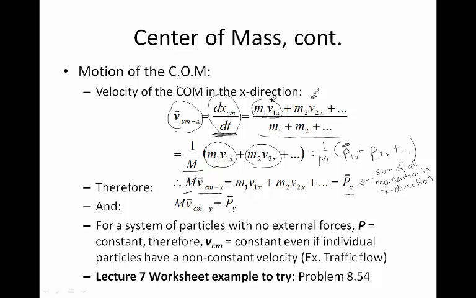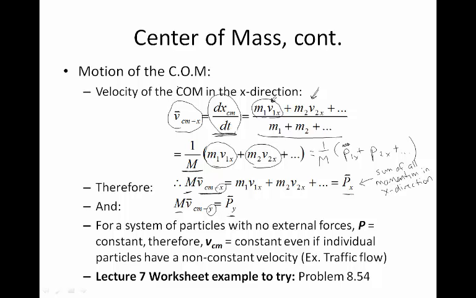I don't know why the book doesn't call it P total or use the summation symbol, but they don't. So that gives you another formula here, where you've got total mass and then the sum of all the momentums. So again, this is the x direction, this version is the y direction.